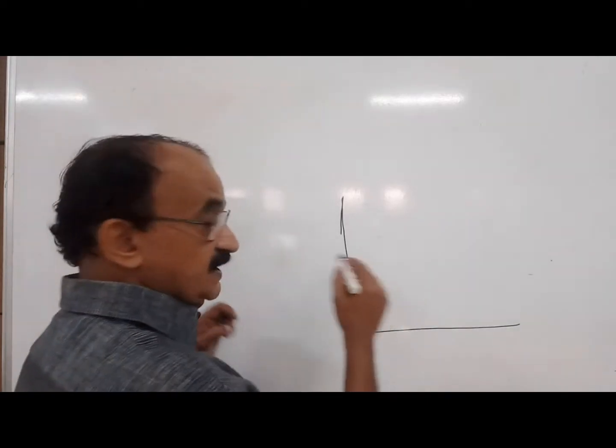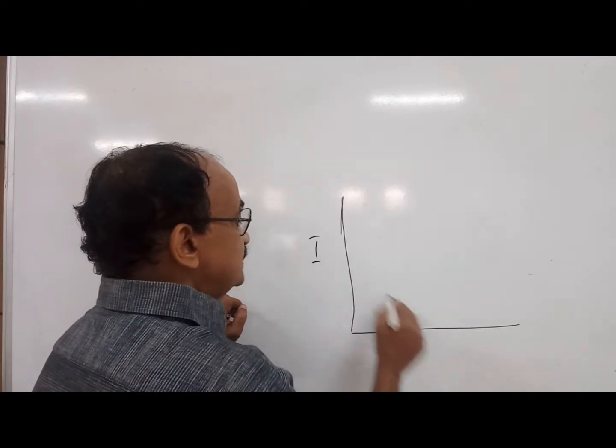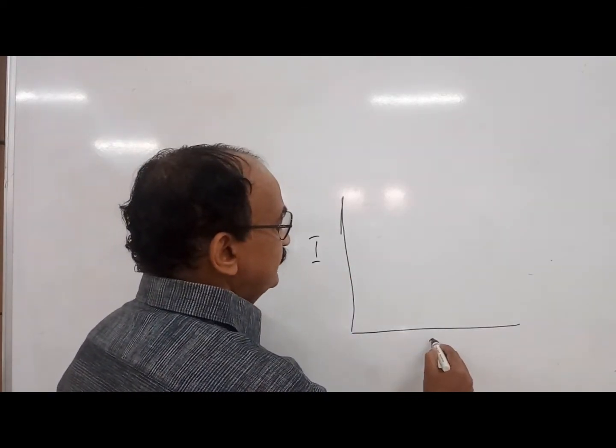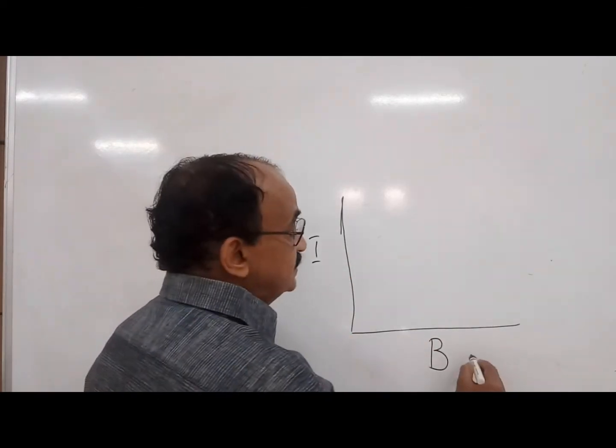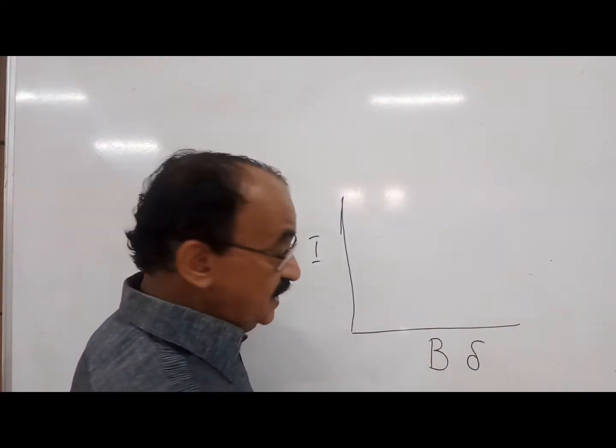We know the NMR spectrum is a plot between the intensity versus the magnetic field, and it is denoted in delta unit or chemical shift unit.